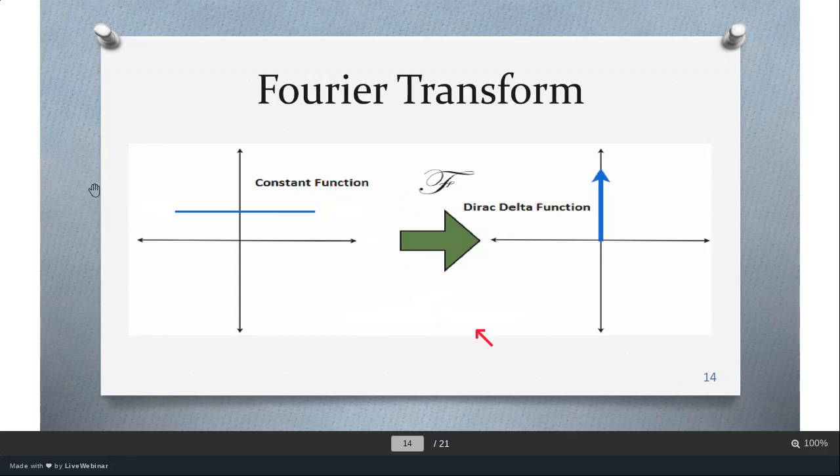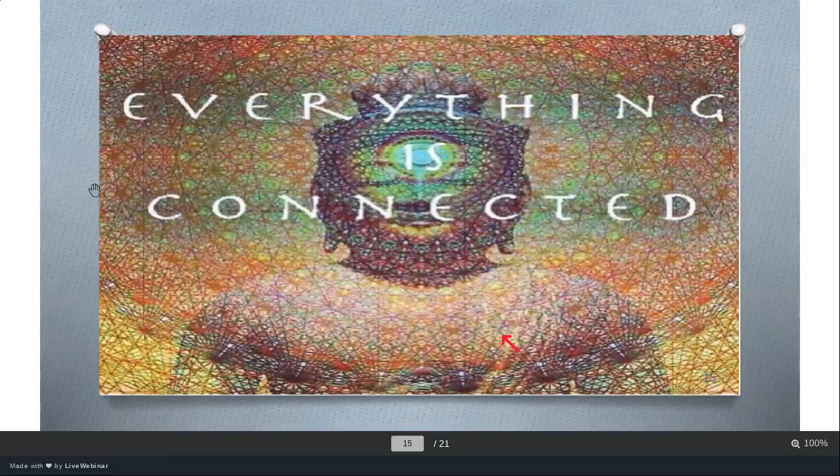So the answer is the Fourier transform. The connection between them is the Fourier transform. Not only is this there in the uncertainty principle, but a simple lens can also demonstrate the Fourier transform.